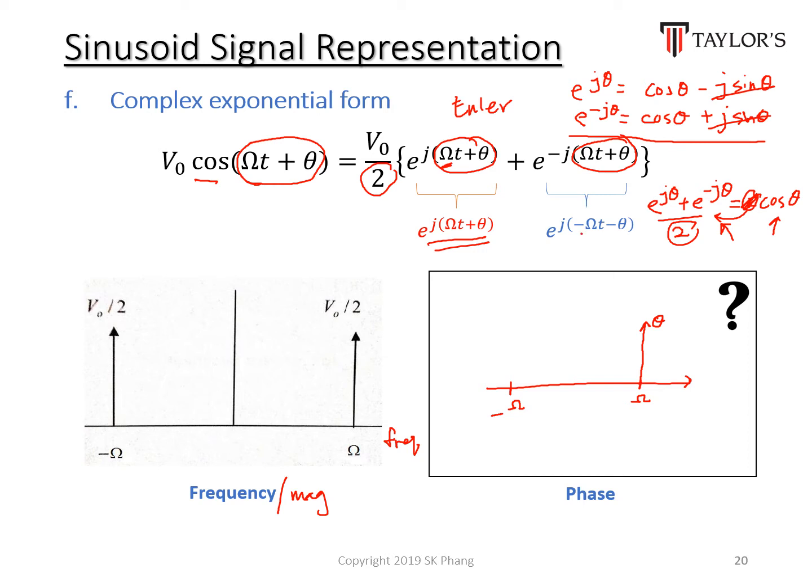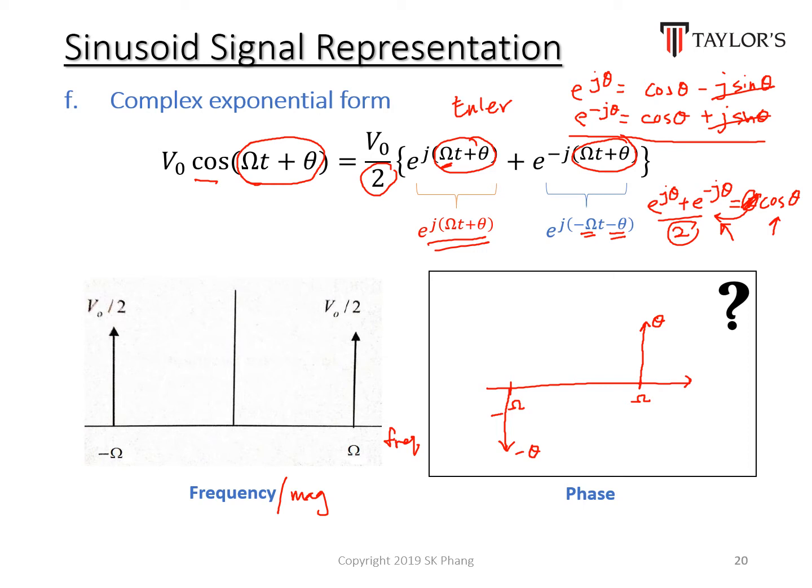And during negative omega, you have a negative theta, so at this point the peak actually goes downwards to negative theta. So this is your phase plot. So in complex exponential form, you have both a magnitude and a phase plot.